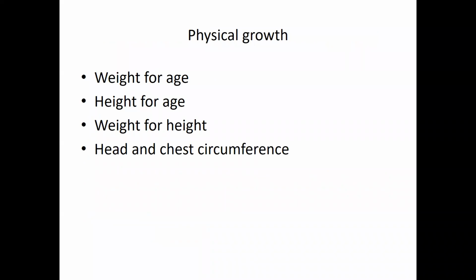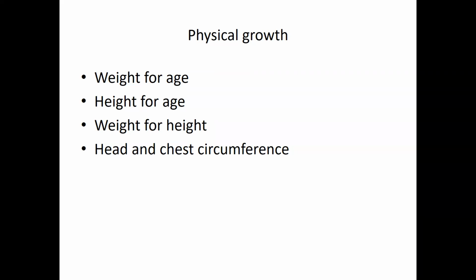Physical growth, yes. How do we measure growth? These questions might be asked. So what are the important measurements? Weight for age, height for age, weight for height, head and chest circumference. And here you will find the application of your biostatistics. So what do we use? We use Z-scores. Weight for age Z-scores, height for age Z-scores, weight for height Z-scores.